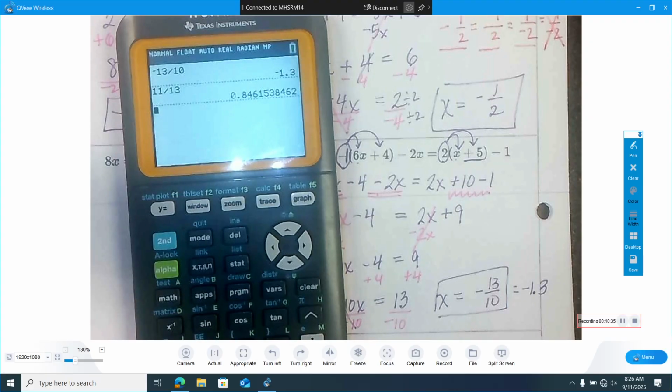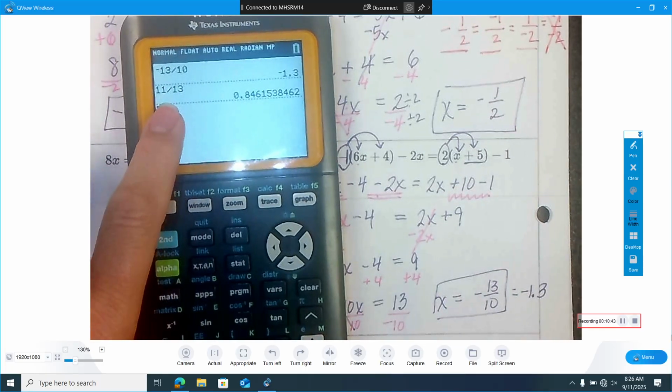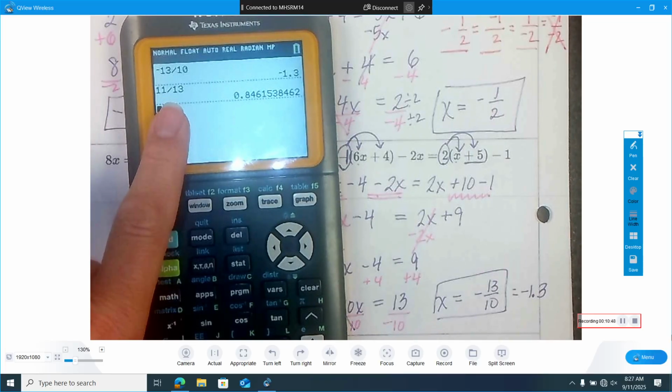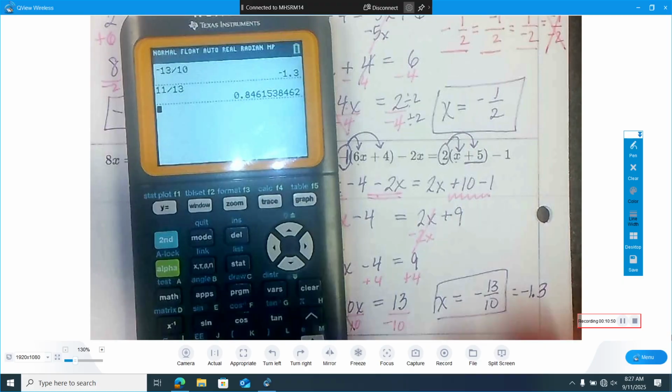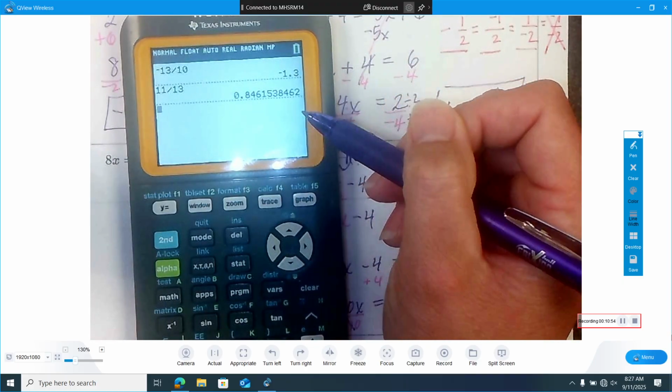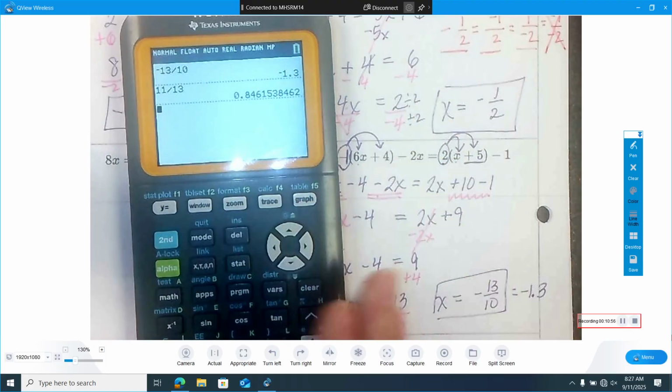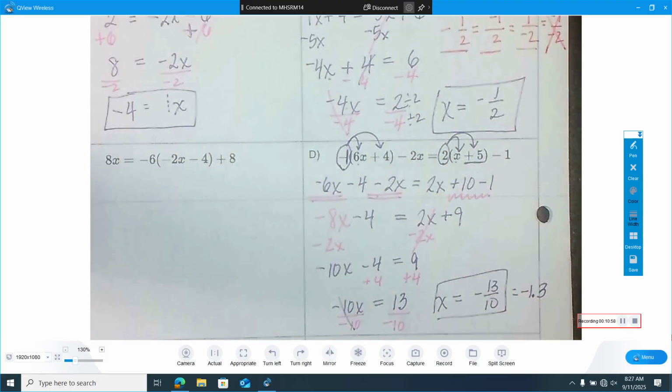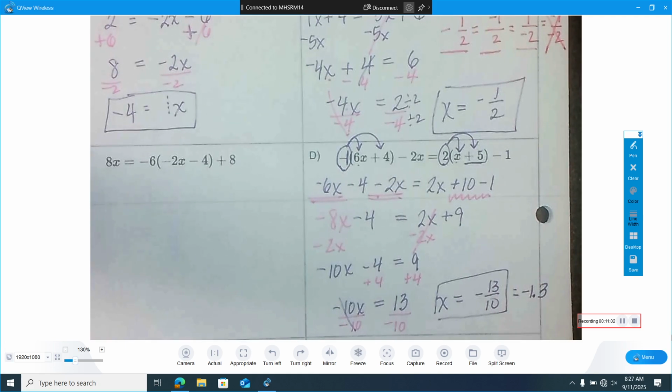So, if you have a decimal that has 12 places, don't use it. Instead, the fraction is better. Math frac that answer, okay? Math frac. And so, if your decimal stops, you're good to go. If it's a crazy long decimal, math frac. Do you understand that? Math frac it? Okay.